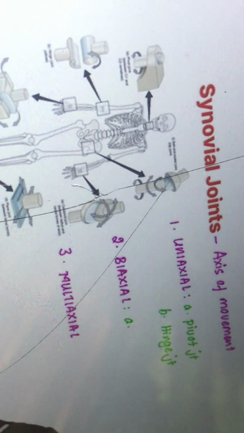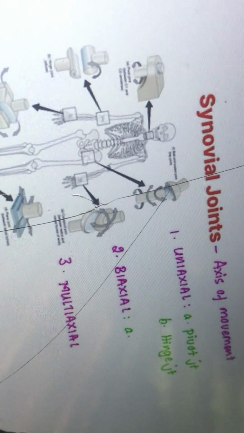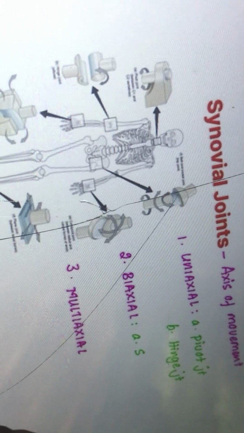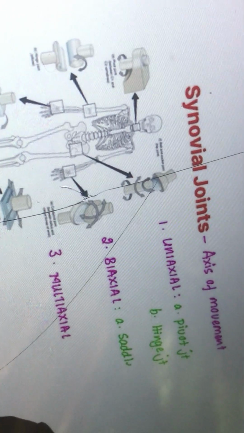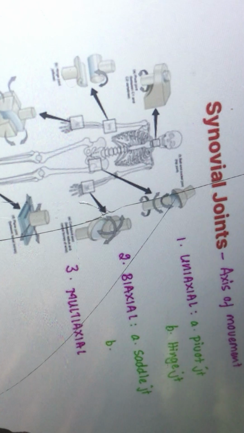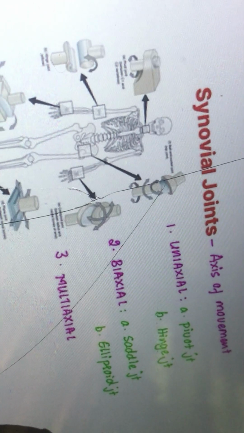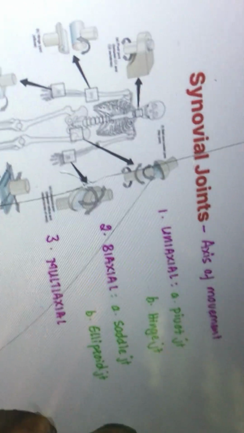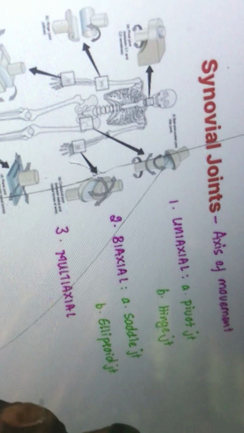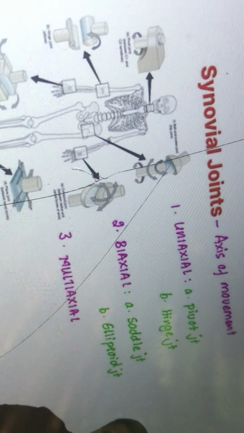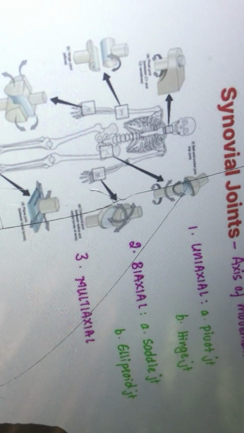Right? Examples for biaxial joints, what are the other joints left? So we have the saddle joint and then we have the ellipsoid joint. What about condylar joint? Remember, condylar joints are examples for modified hinge joint and they also can be included as biaxial joints.